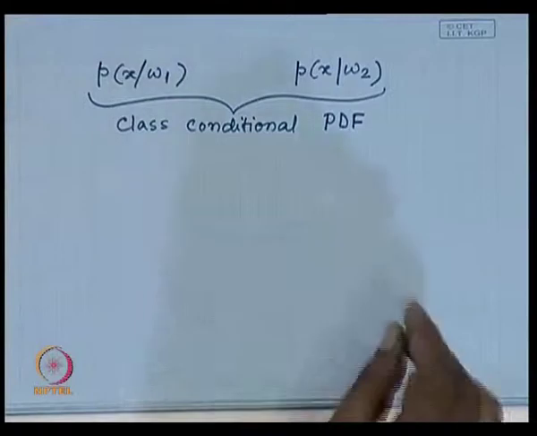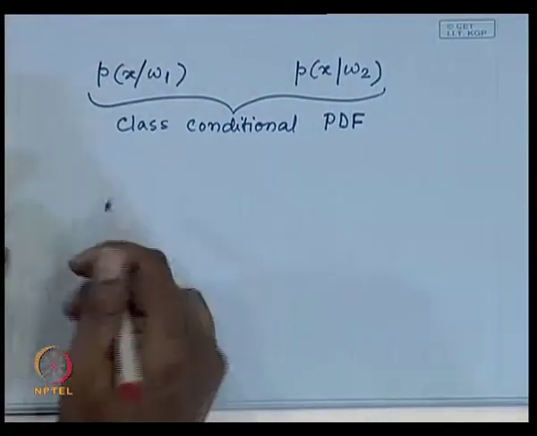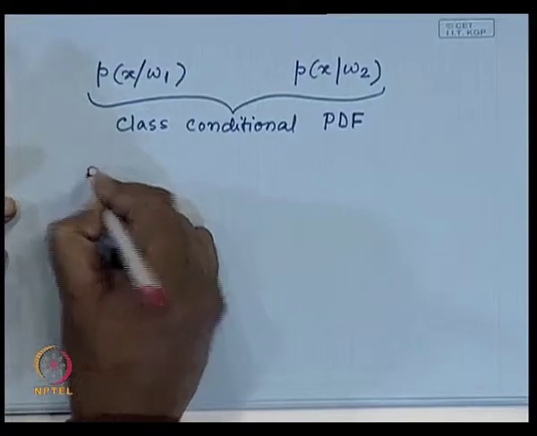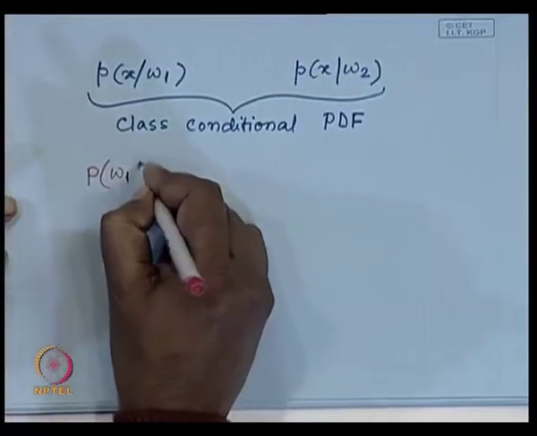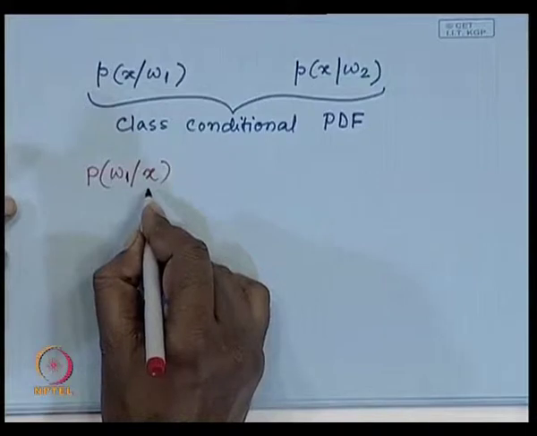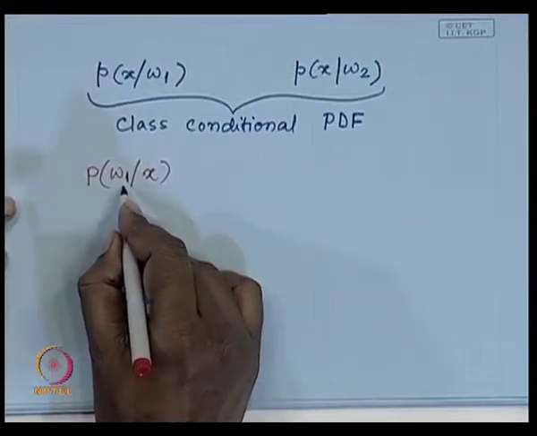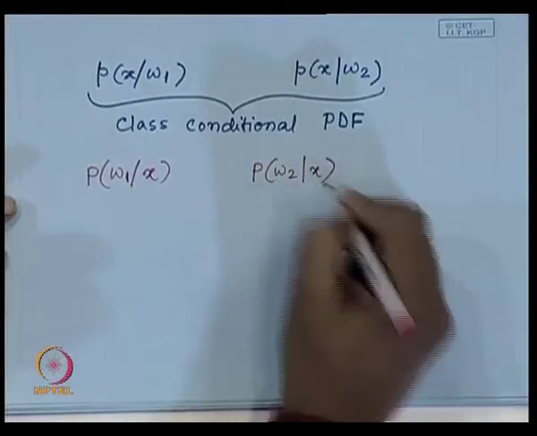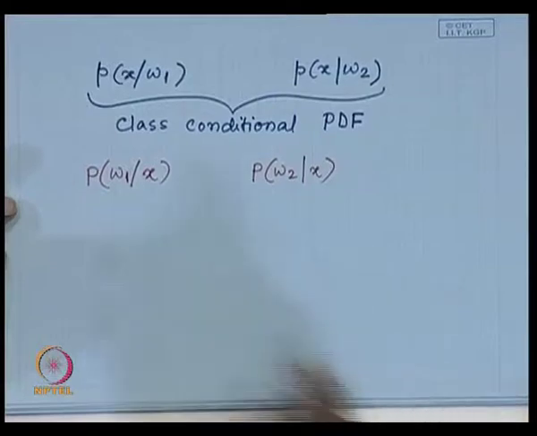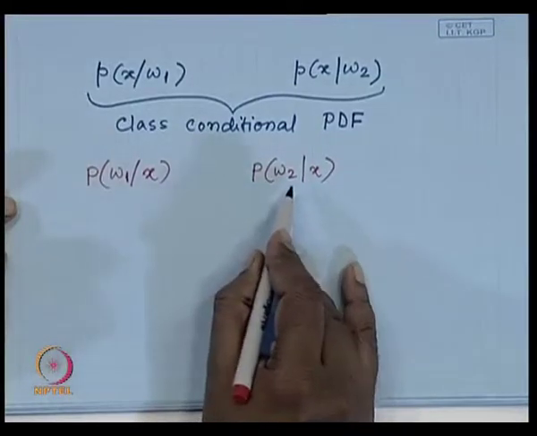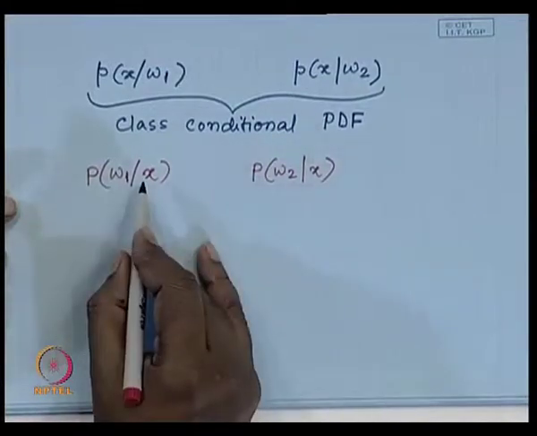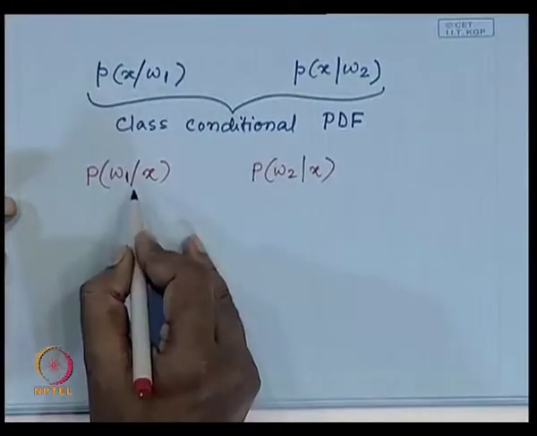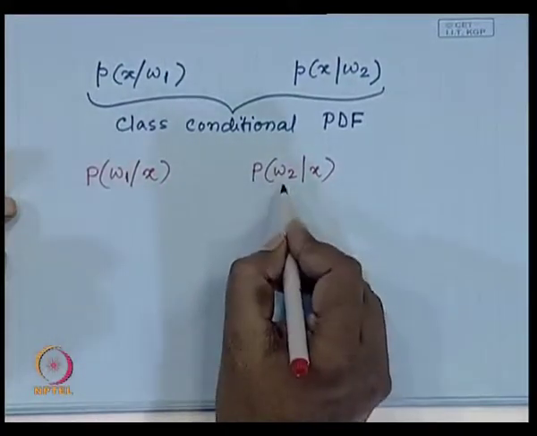That means my decision should be based on p of omega 1 given x, because I have this observation x, and based on that I have to decide omega 1 or omega 2. So, if I find that p of omega 1 given x is greater than p of omega 2 given x, then I will decide in favor of class omega 1. If p of omega 2 given x is greater than p of omega 1 given x, then I have to decide in favor of omega 2.